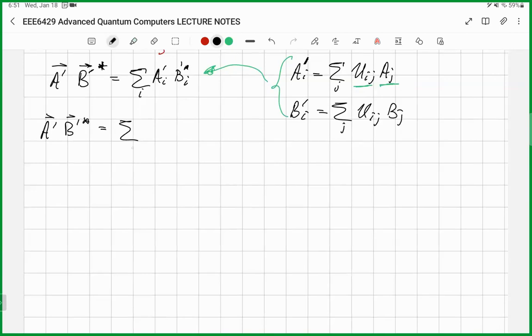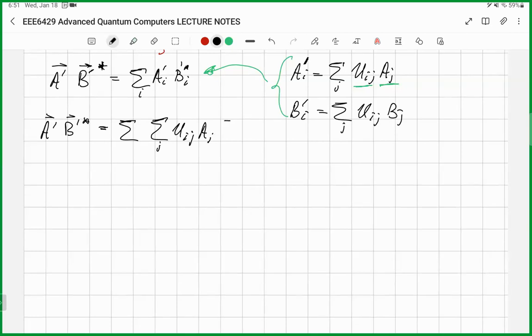It's actually a triple sum. So let's do it step by step. The sum over j of U_ij A_j for the vector A prime.